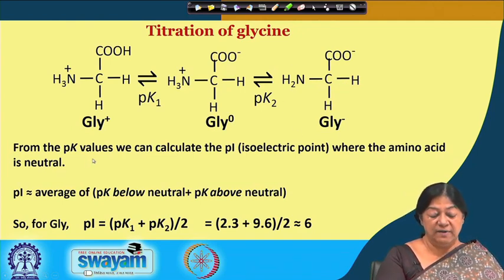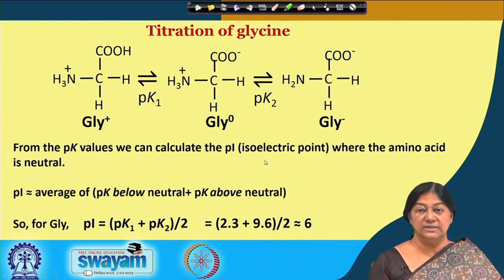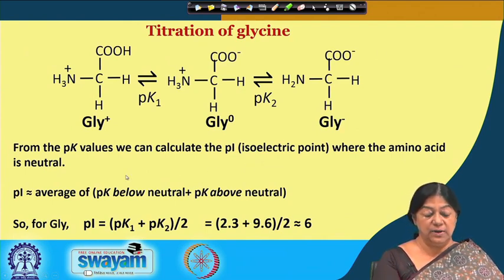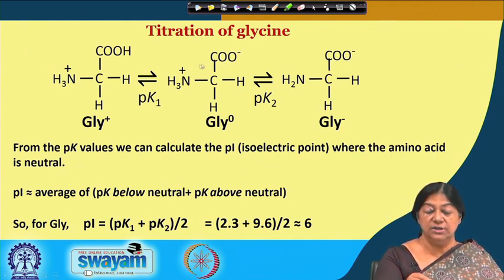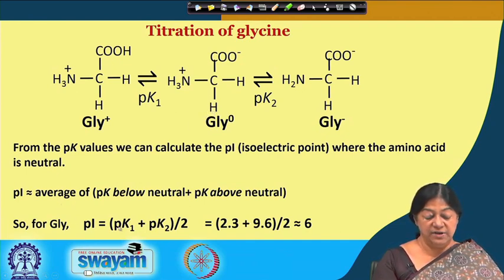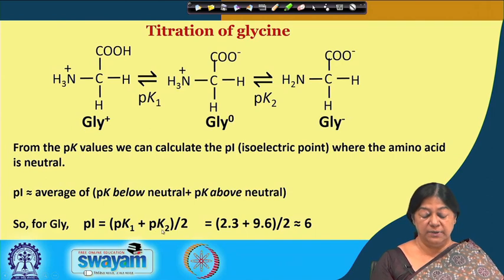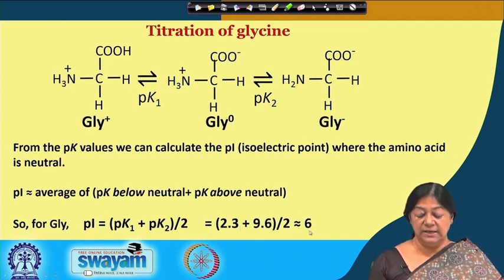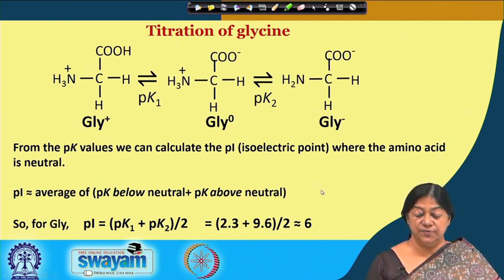So, from the pK values we can calculate the pI, that is, the isoelectric point where the amino acid is neutral. This is the neutral form of this amino acid. So, the pI becomes the average, and with the knowledge of the pK1 and the pK2 values, we determine that the pI for glycine is approximately 6. This experiment will be demonstrated to you when the experimental part is shown.